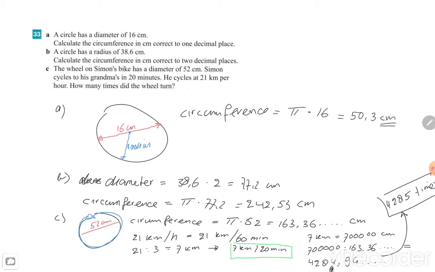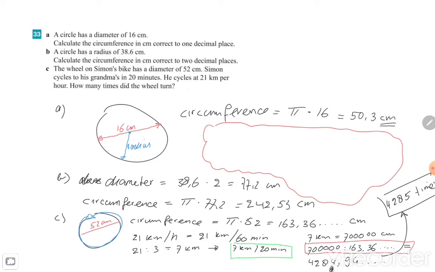Let me look at the last part, because some of you do not know how to enter that calculation with 700,000 divided by that previous answer. Let me explain how you can fill this in on your calculator. First of all, you start with the calculation pi times 52, because then you will find 163,36 etc. on the screen of your calculator.